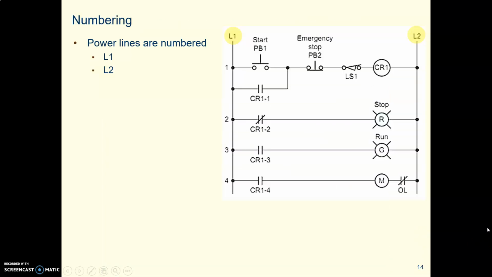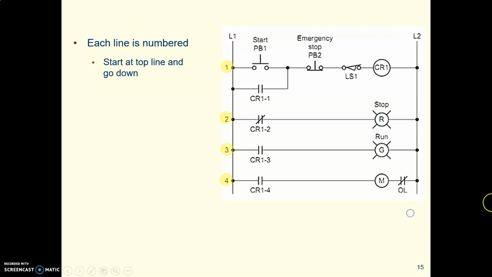Now we number everything so that our electrician can keep track of what's happening. The vertical legs of the ladder are the power lines, and they are always numbered L1 on the left and L2 on the right. We number each line in the control circuit, 1, 2, 3, starting at the top and going down.